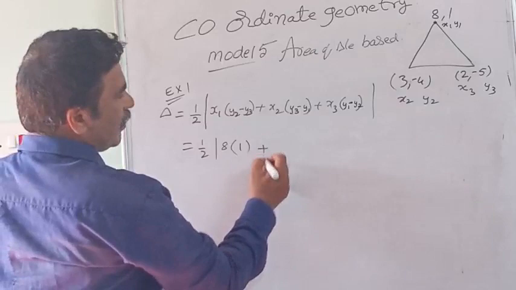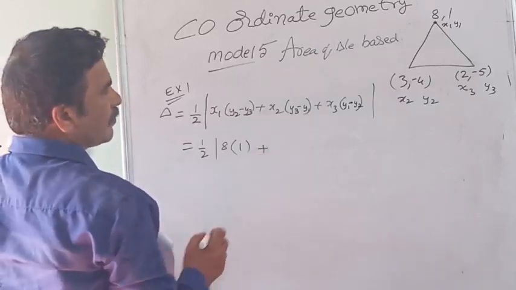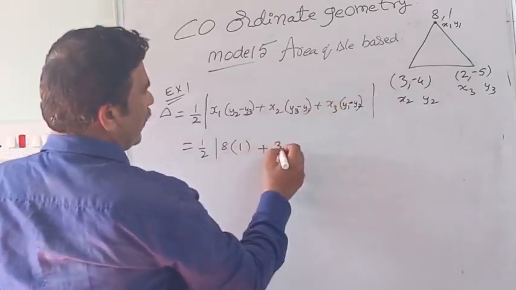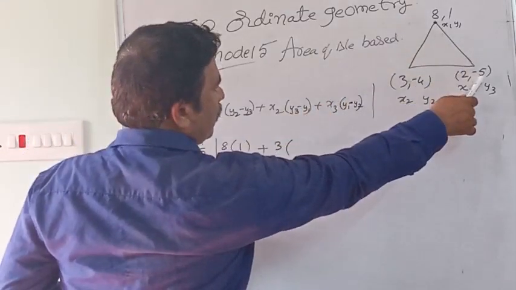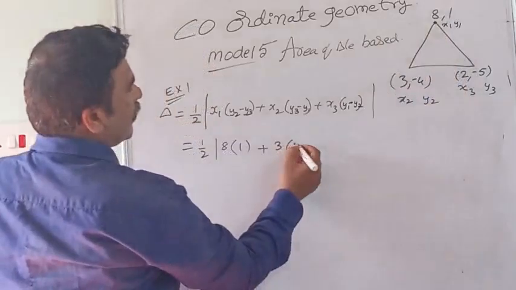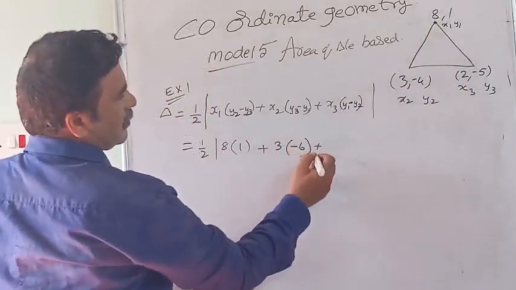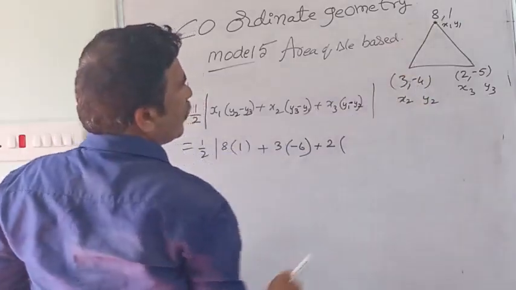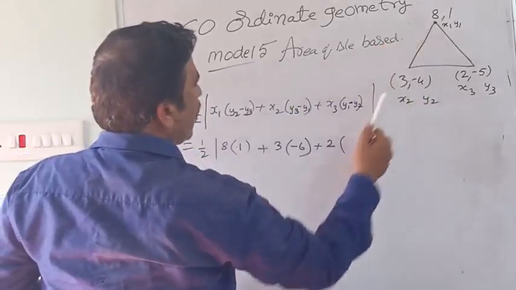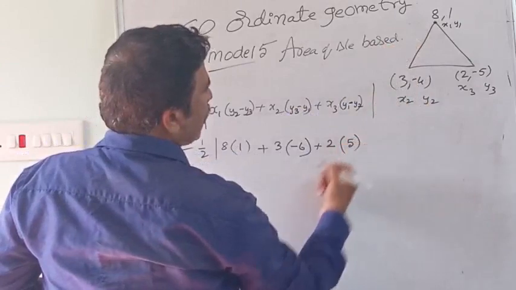Simplify. Outside also no problem. Next x2 is 3. y3 minus y1, that is minus 5 minus 1, which is minus 6. x3 is 2. y1 minus y2, that is 1 minus of minus 4, which is equal to 5.